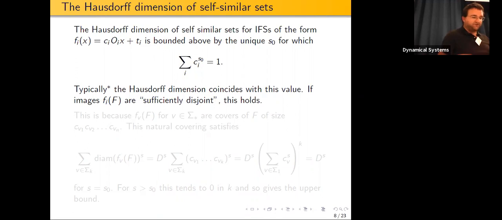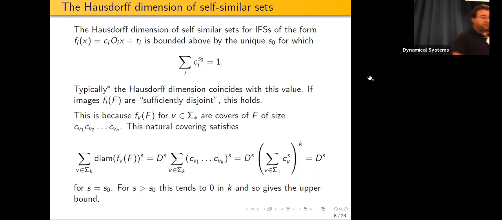But if you have sufficiently disjoint copies, if you don't have too many overlaps, then this is the dimension. And to see it's an upper bound is also pretty straightforward. We want to cover the set efficiently. That's what the Hausdorff dimension encapsulates. So why don't we just cover it with the images of our compact set? What are the diameters? Well, these diameters to the power s, we can just rearrange this slightly and you get this sum in there.